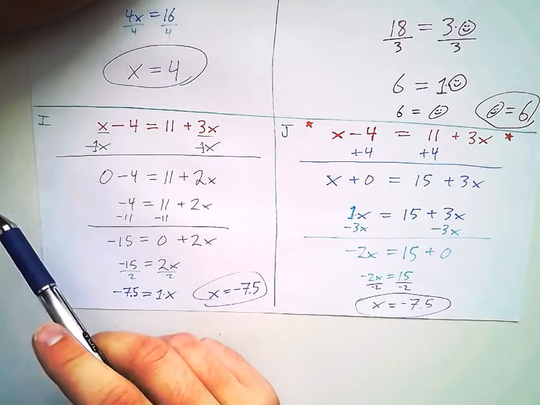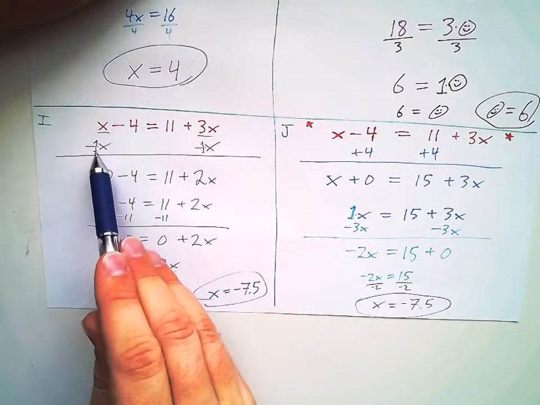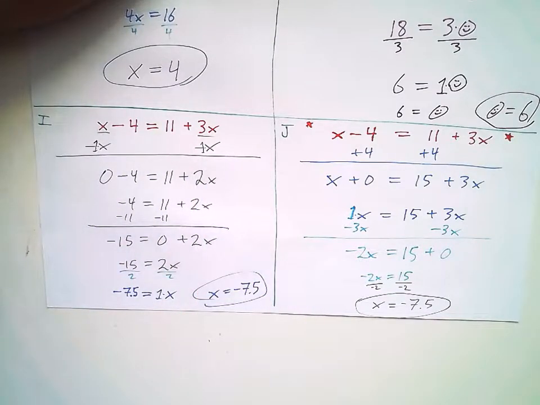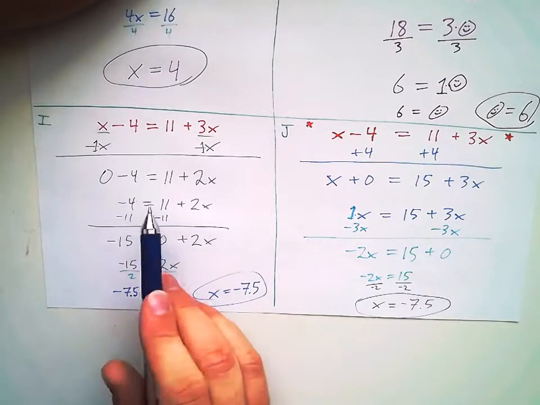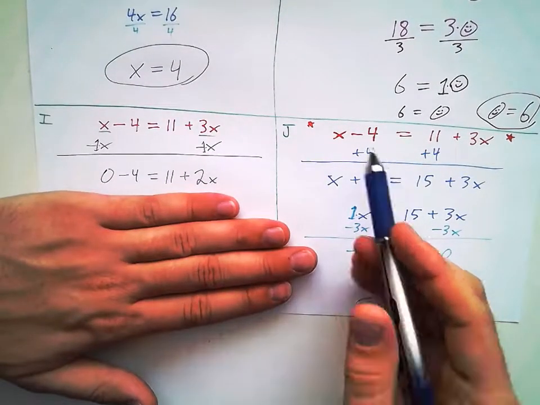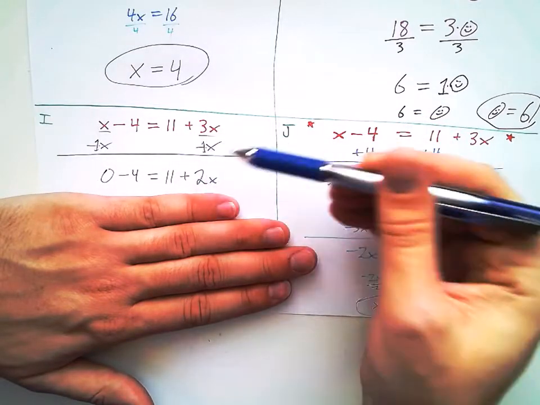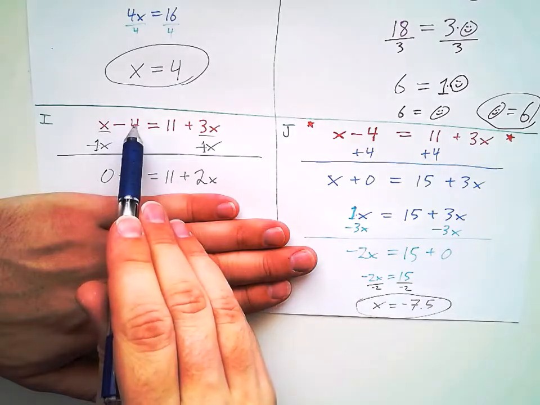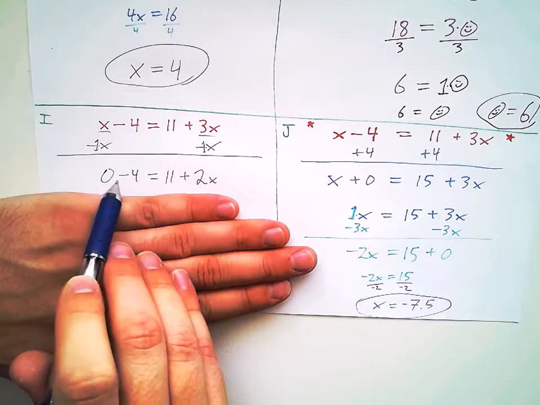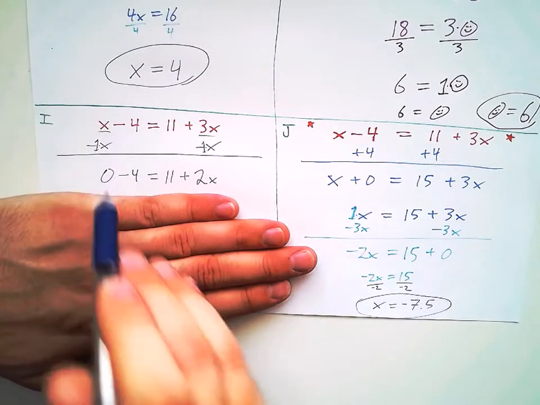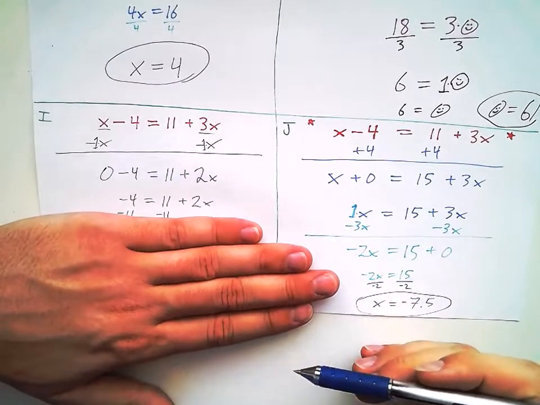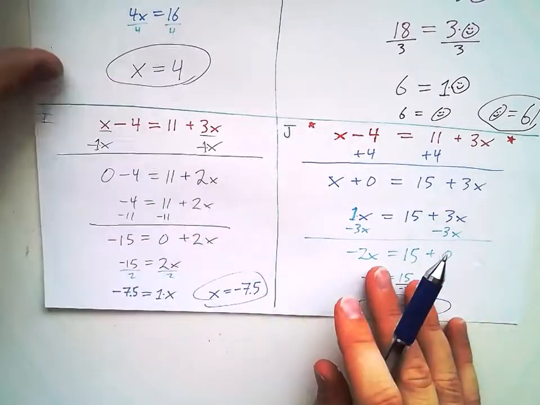I want to get all the x's together. So subtract x from both sides, and that will simplify it so I don't have x's in different places. So just subtracting x from each side, 3x minus x was 2x, 11 and negative 4 both just stayed there. x minus x gave me 0. So I was just left with 4 equals 11 plus 2x.